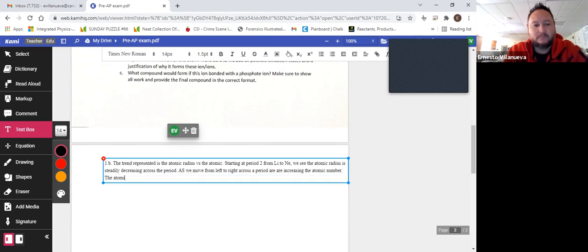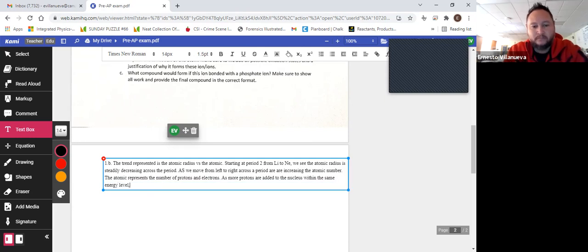The atomic number represents the number of protons and electrons. As more protons are added to the nucleus within the same energy level, and this is optional, right?